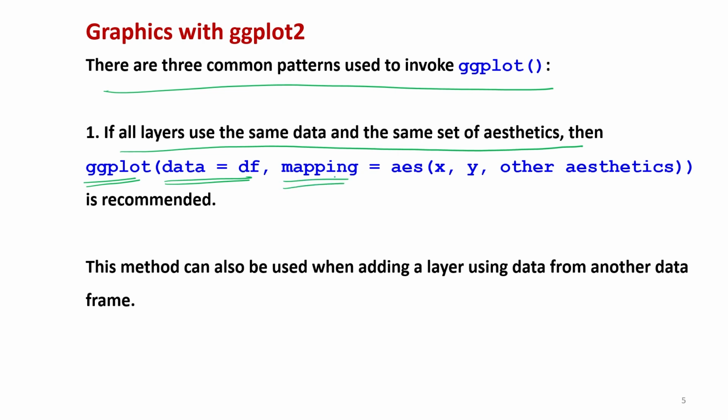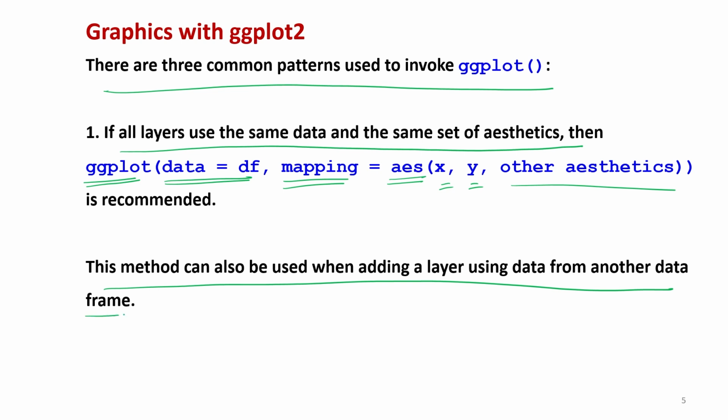Then mapping is given by using the function aes, and within parentheses x, y and other aesthetic parameters are given. So this is the way we recommend to use the ggplot function. And this method can also be used when adding a layer using data from another data frame, right?